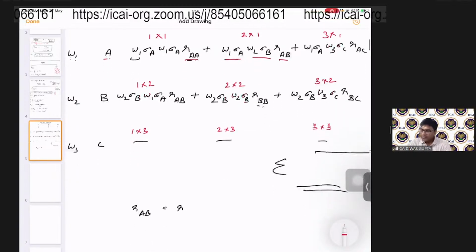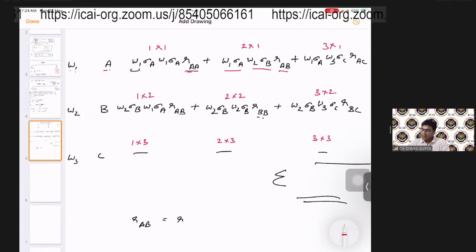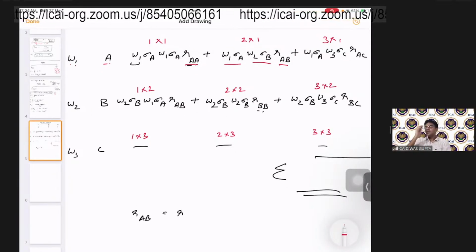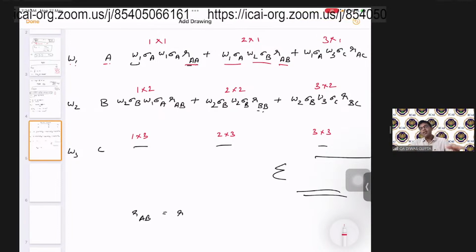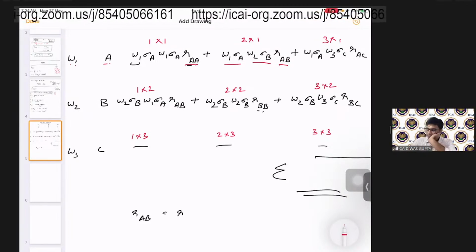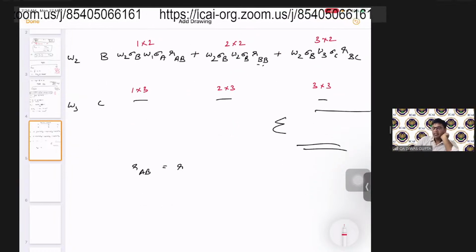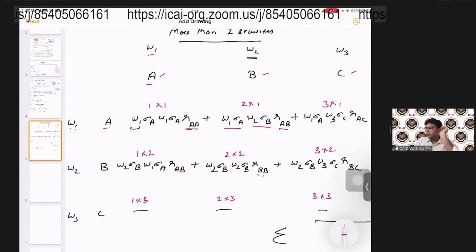So likewise, we calculate all these 9 values, right? And take a summation. So all the 9 values put together, you have to take a sum. Whatever you arrive at, that is called the variance for the portfolio, students.